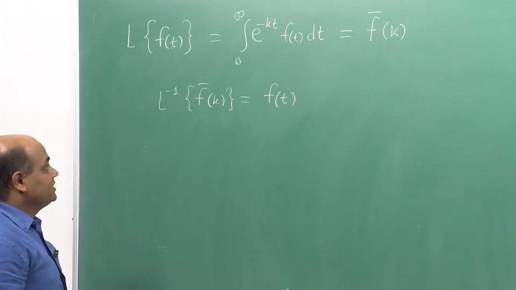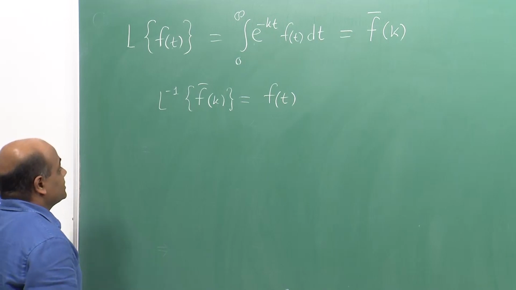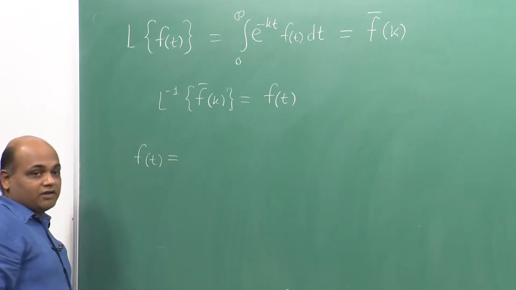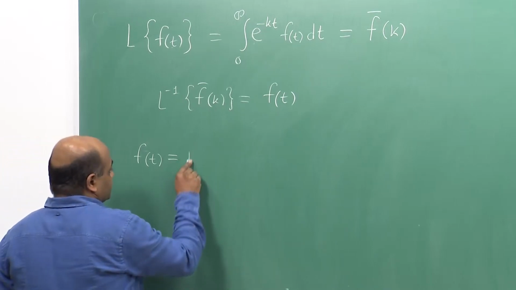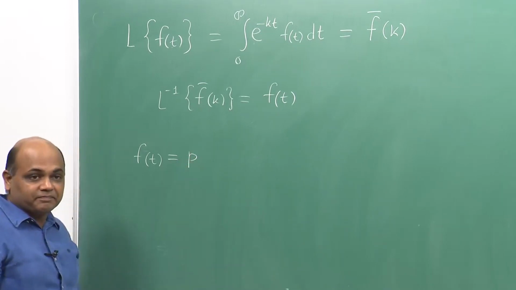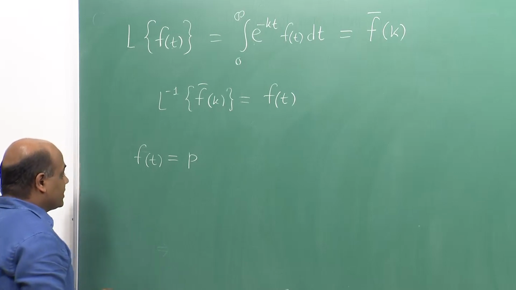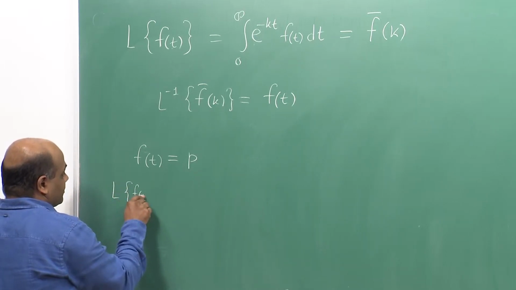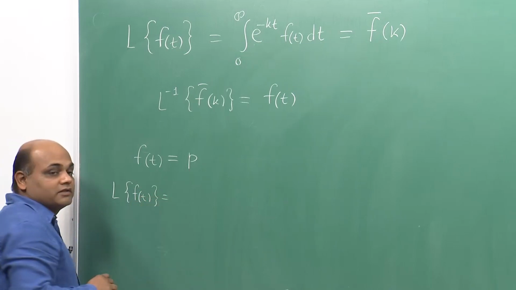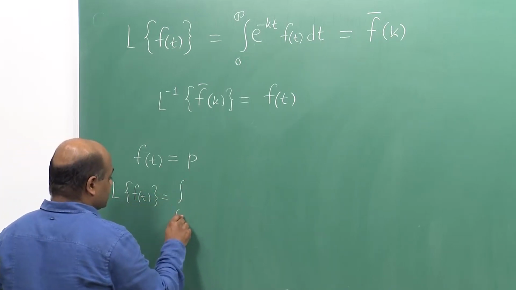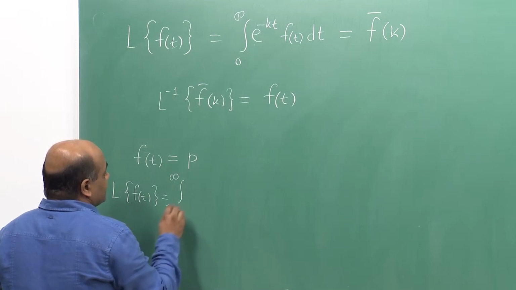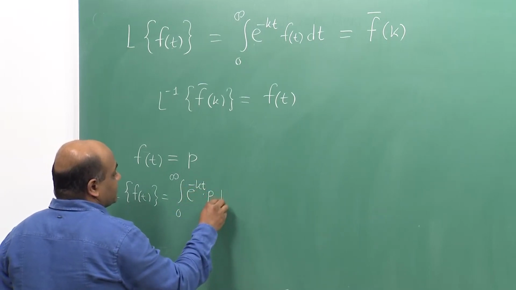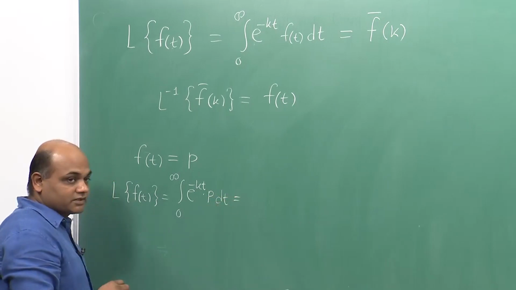So, let us see some simple examples. So, suppose f of t is some constant p. So, we can write a Laplace transform of f of t is equal to integral 0 to infinity e to power minus k t times p dt, and p is a constant.